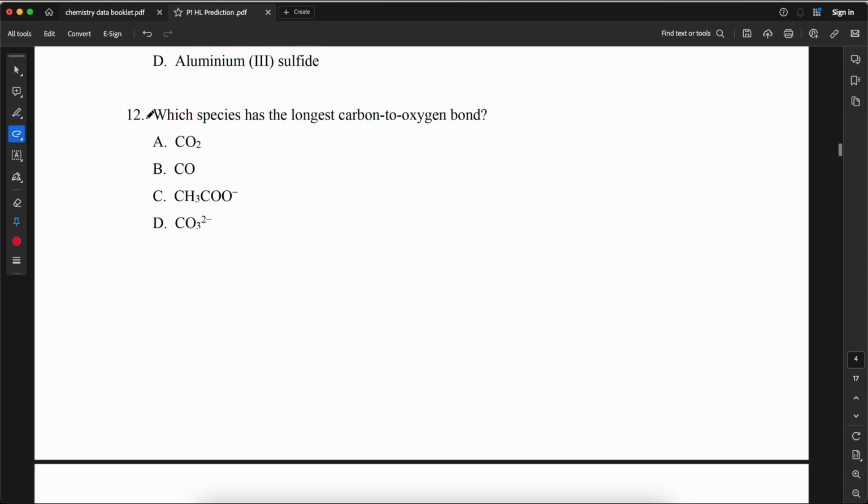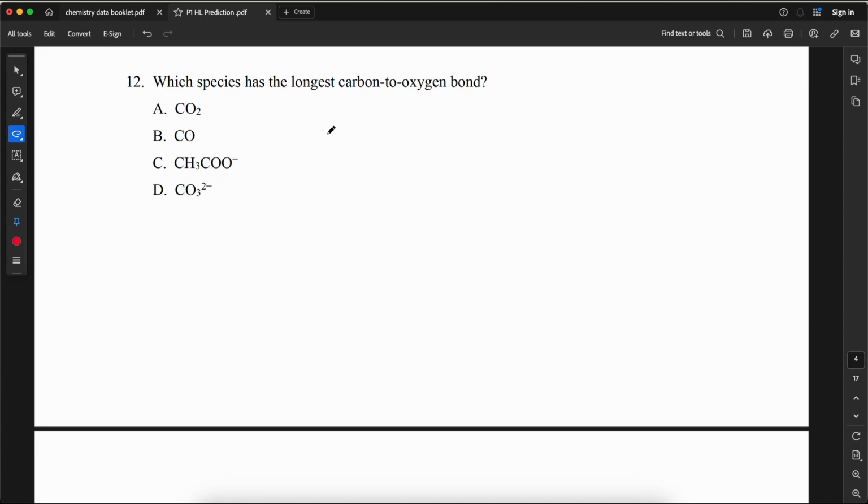Which species has the longest carbon to oxygen bond? CO2, double bond, CO, triple bond, CH3COO-, and then CO3 2-.